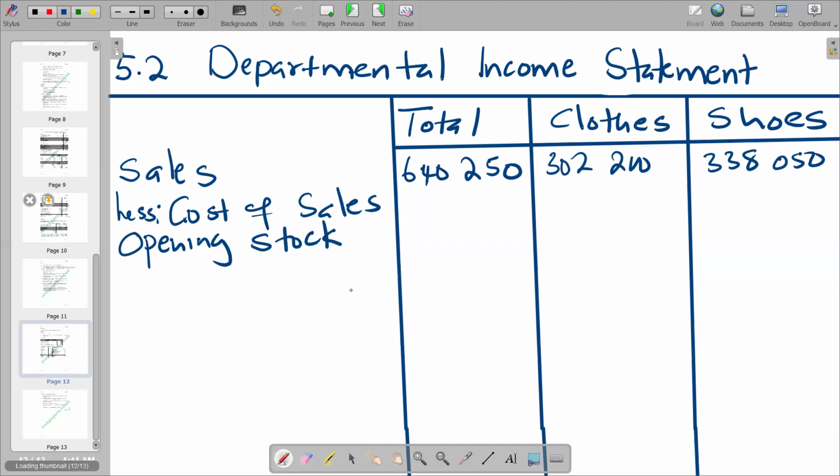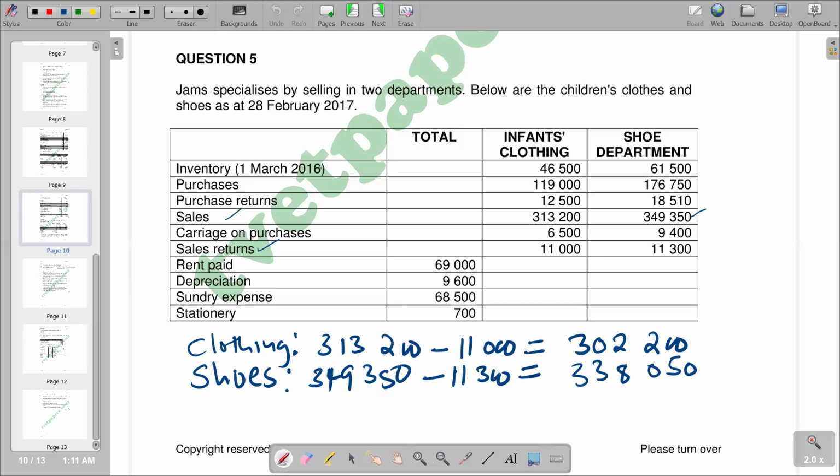So we refer to our list of balances that we are given. We're given inventory on 1 March 2016. Remember, that's the beginning of the period. So we have got 46,500 for infant clothing, and then we've got 61,500 for shoe department. So we can just take this one as our opening stock.